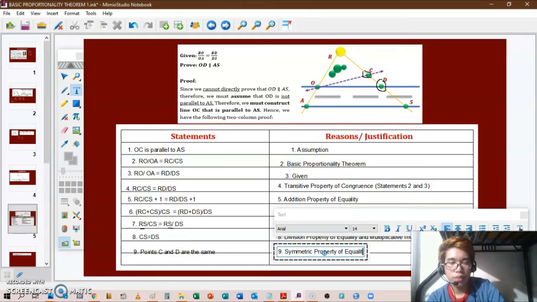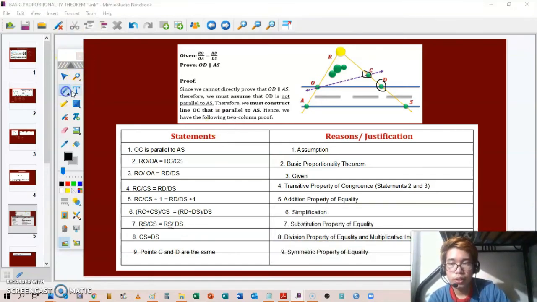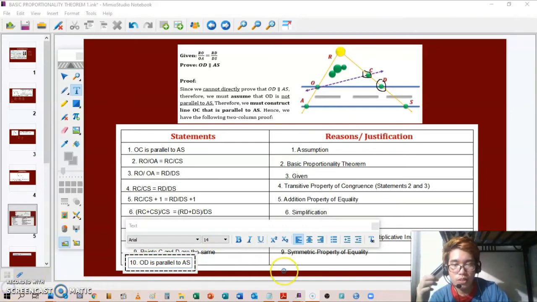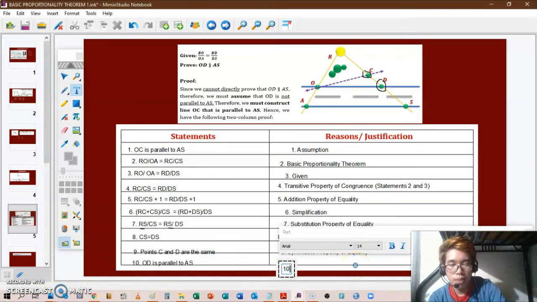Therefore, on number 10, we can say that line segment OD is parallel to AS. The reason for this one is our assumption on number 1.